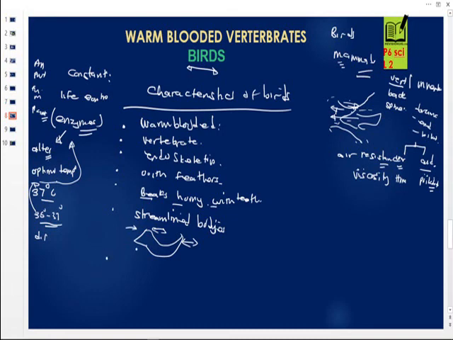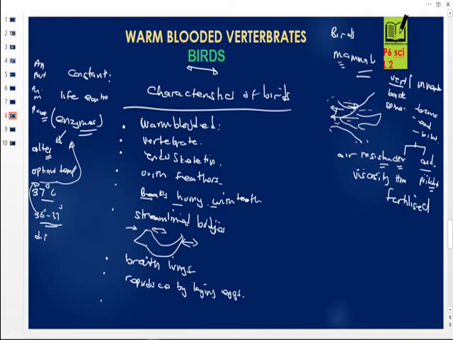Now these birds are living organisms, and we said living things respire. So birds use lungs to breathe. And again, these birds reproduce by laying eggs, and these eggs must be fertilized.